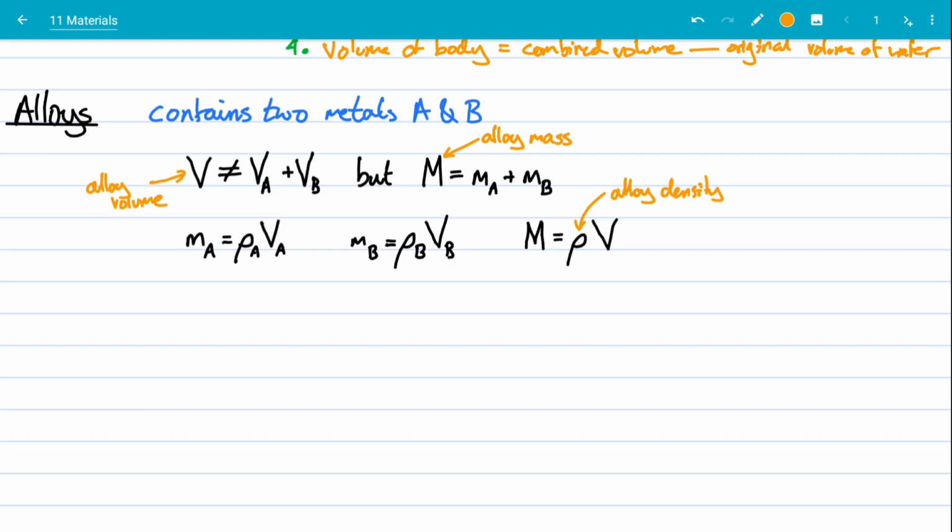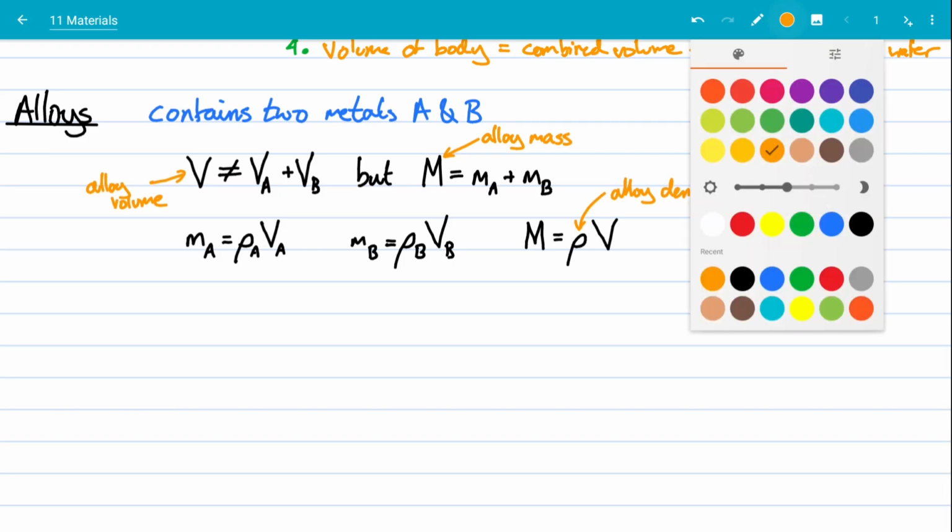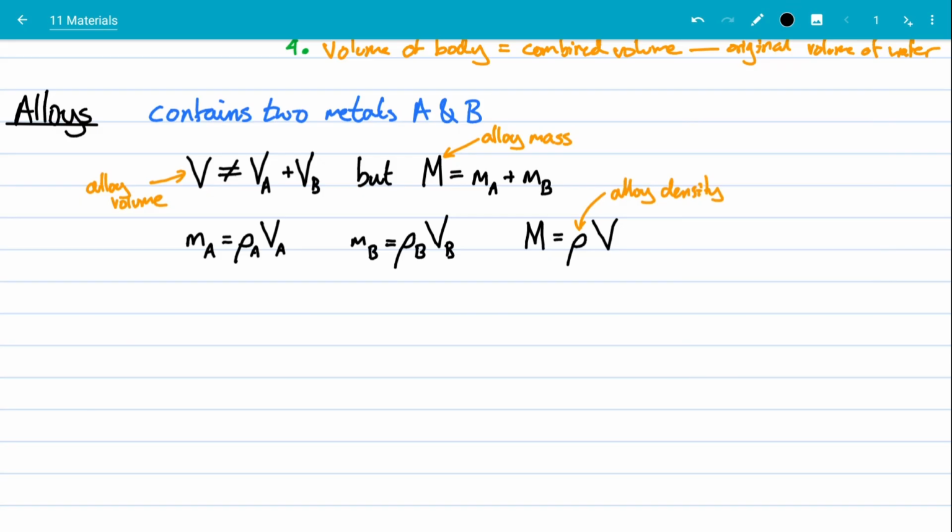Okay, fine. But the masses add together. So we can say that the mass of the alloy is equal to the density of A multiplied by the volume of A, plus the density of B multiplied by the volume of B. And the density of the alloy is the mass divided by the volume.